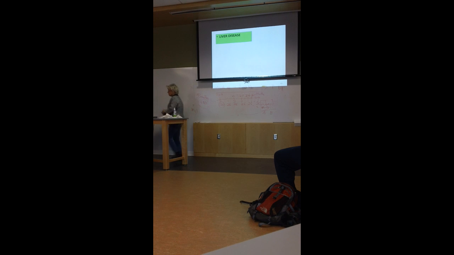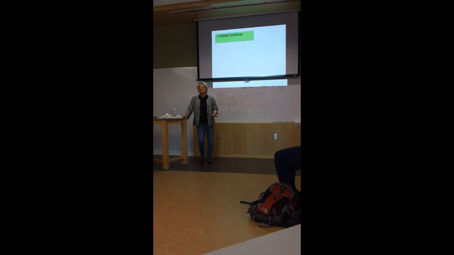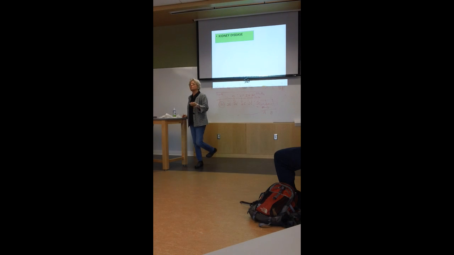Okay? So you can see all these things in the body are very interconnected. Kidney disease is another problem that can cause edema. We didn't do the urinary system yet, but you're going to see normally we should not be losing plasma proteins with the urine.